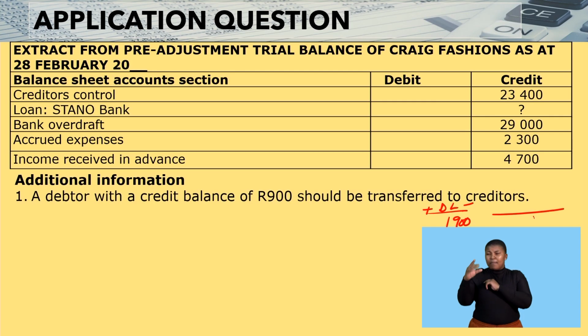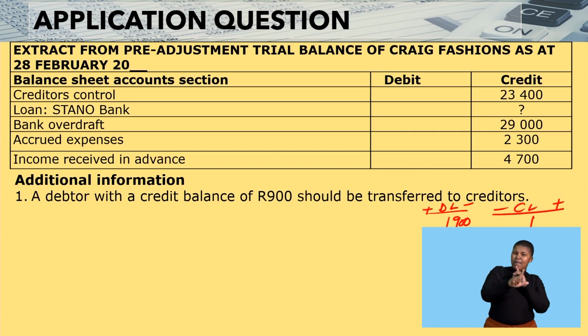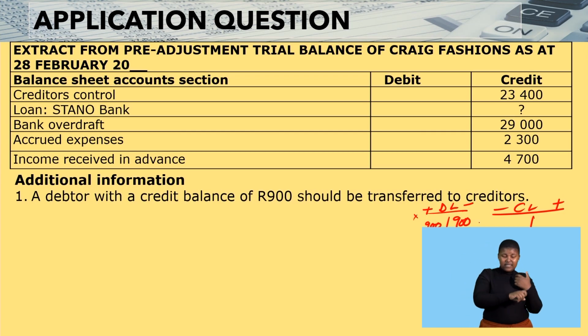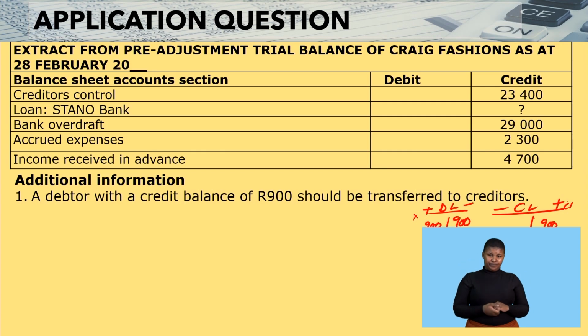Once a debtor has a credit balance, we must transfer it to the creditor's ledger. Liability, plus, minus. If we're to transfer this 900, first we come to the debit side, then we say 900. Then, to complete double entry, we come to the credit side of the creditor's ledger, then we say 900.